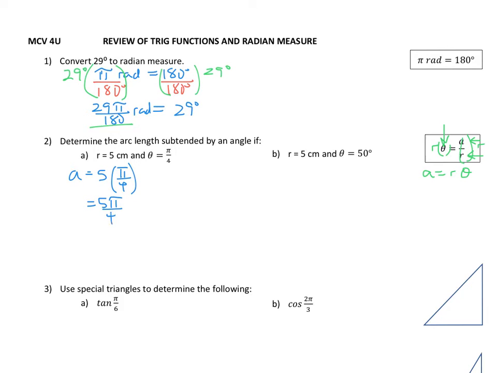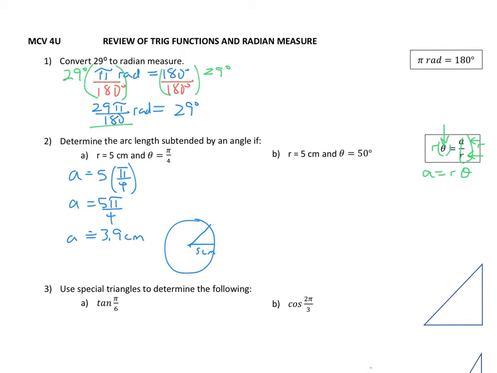That is your arc length. And if it makes you feel better, if that's not so quantifiable in your mind, you can do 5 times pi divided by 4. My arc length then is approximately 3.9 centimeters. So what's really happening here? If you think of your circle, and the radius of the circle is 5 centimeters, pi over 4 is really like 45 degrees.